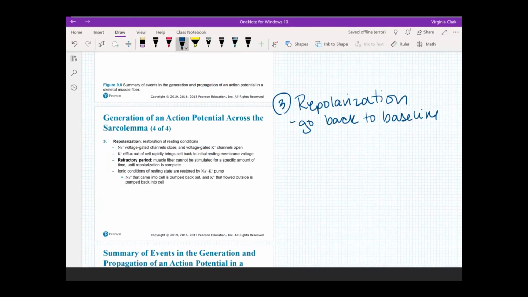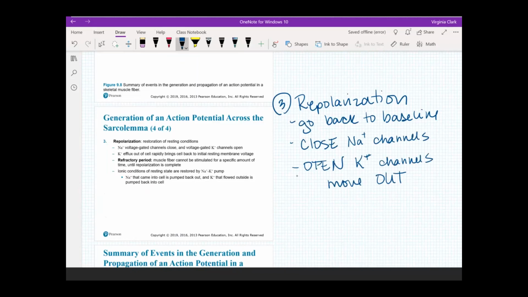We are going to close our sodium channels, and if we close them, no more sodium will enter. But we're also going to open calcium channels, and calcium will move out of the cell.